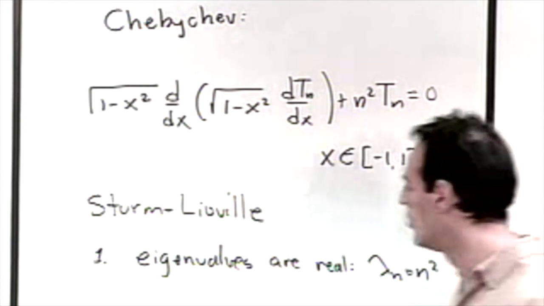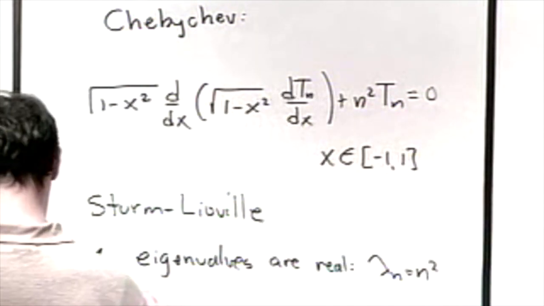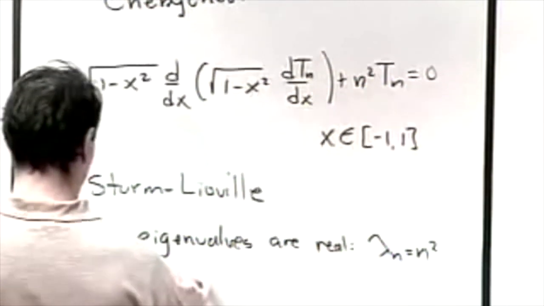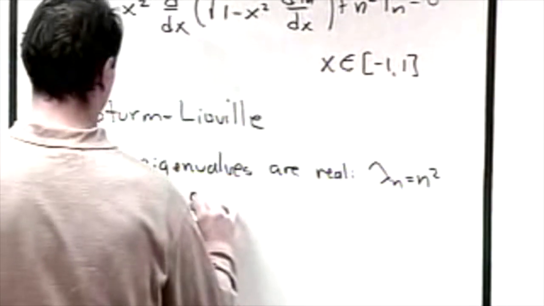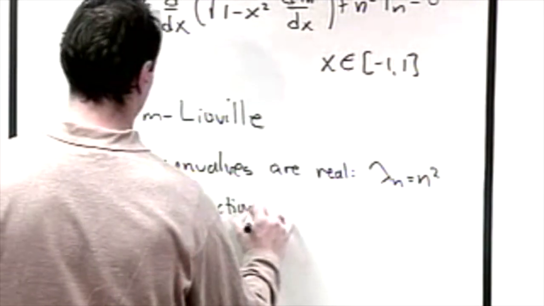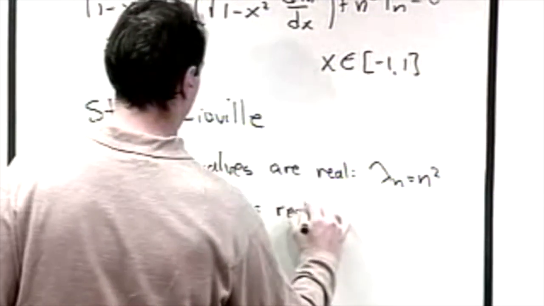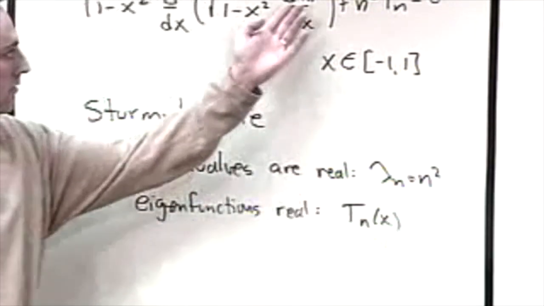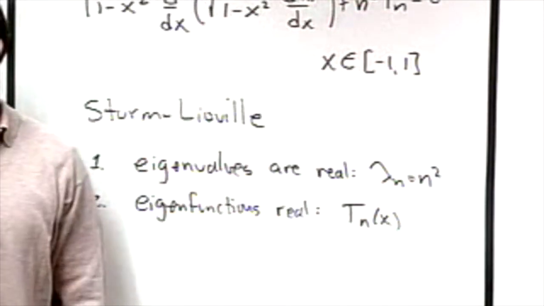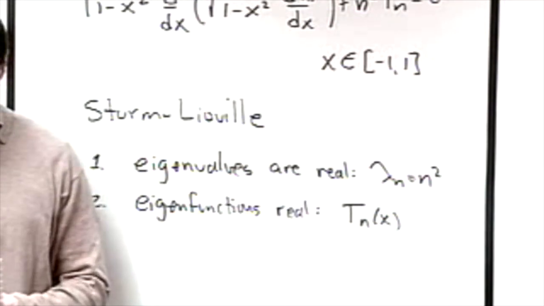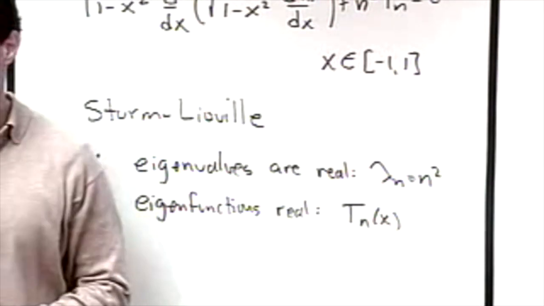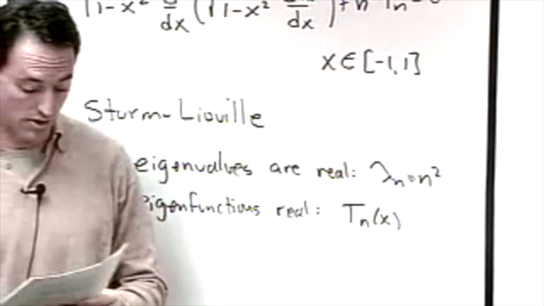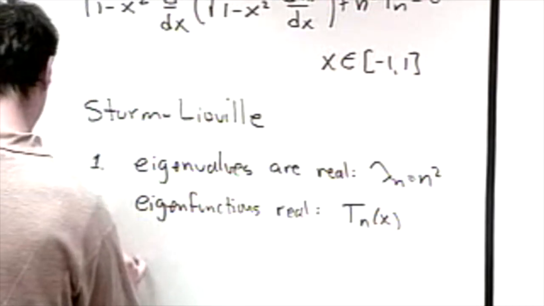That's one fact. Two, eigenfunctions to this problem, real. And the eigenfunctions are this T of n. These are my eigenfunctions to the problem. Okay? There are some orthogonality conditions associated with the eigenfunctions, which are the following.